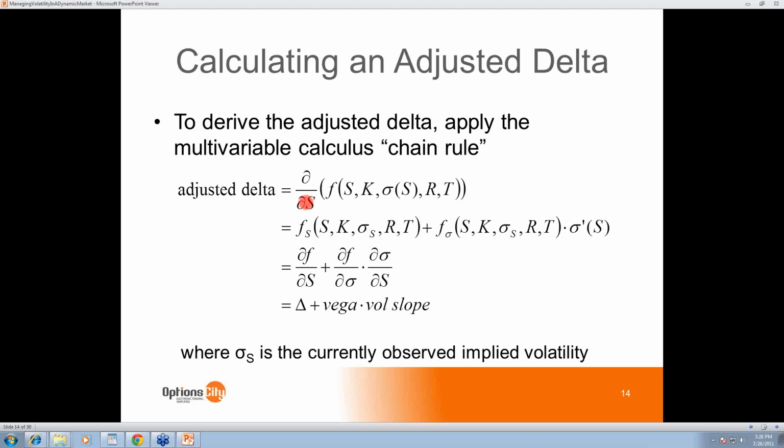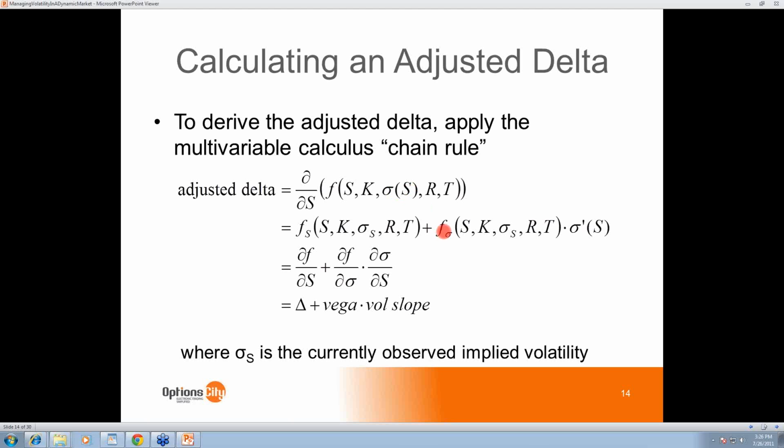And in order to get that rate of change, we have to look at all of the sensitivities that depend on the underlying. So we have to calculate a delta, which is the change in the first slot here with the spot. And then we also have to add a vega, because that's how the underlying affects the change in the third slot here, the vol slot.